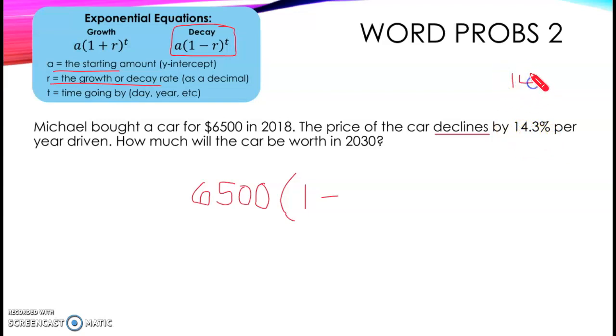So 14.3 converted to a decimal, we're still going to move it 2 places over, is going to be 0.143. And then t is how much time is going by from 2018 to 2030. That's going to be 12 years going by.